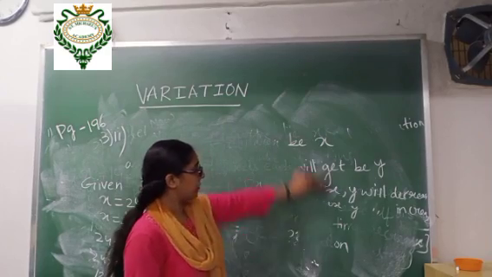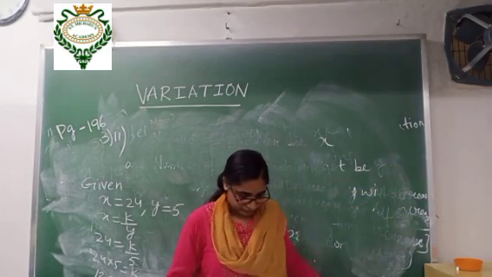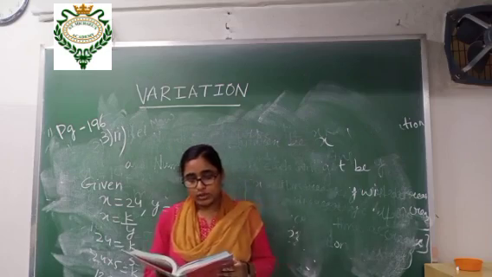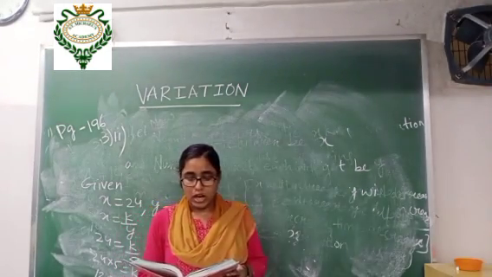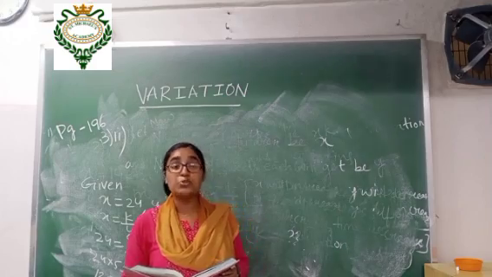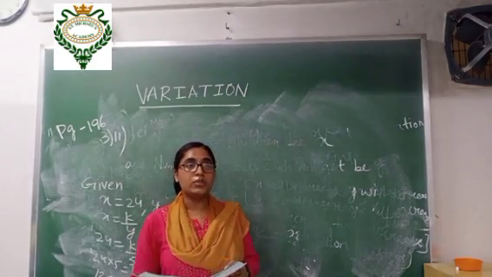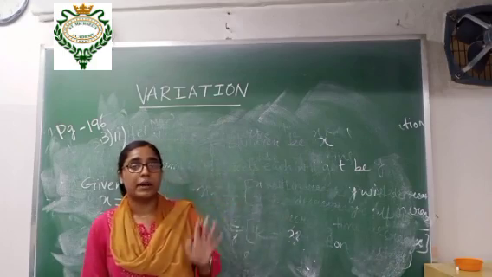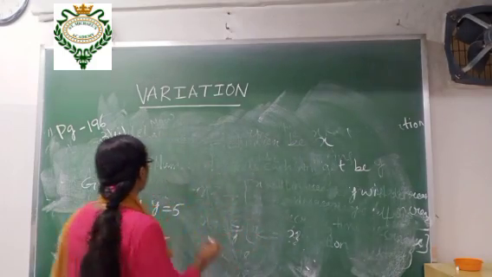Now read the second part of this question. Let us calculate by applying theory of variation how many sweets would each get if the number of children is reduced by 4. Means first time it was 24, now children is reducing by 4. It means what you will write?